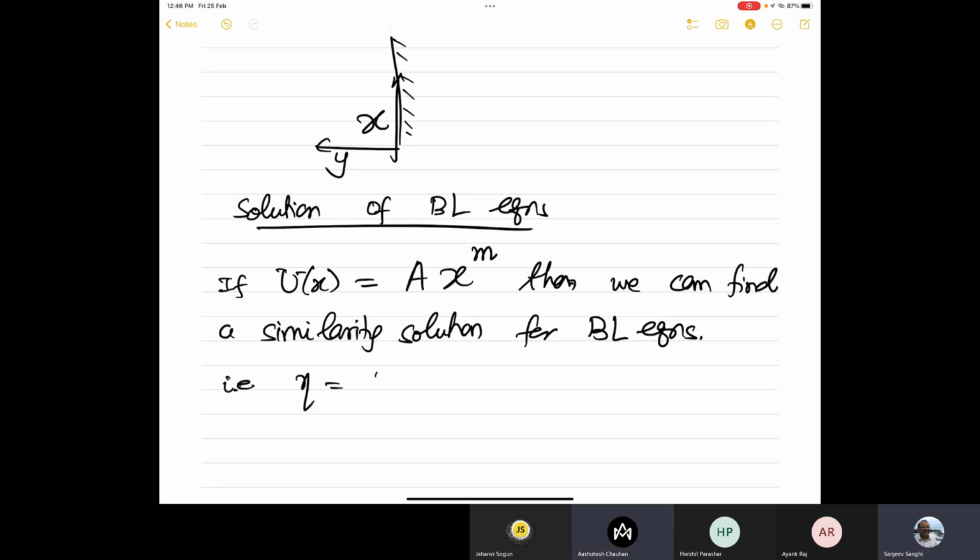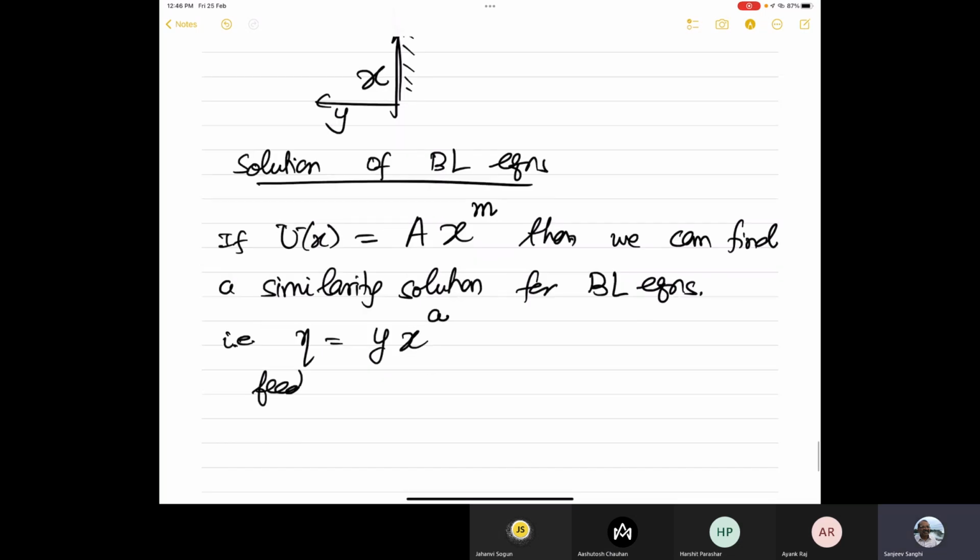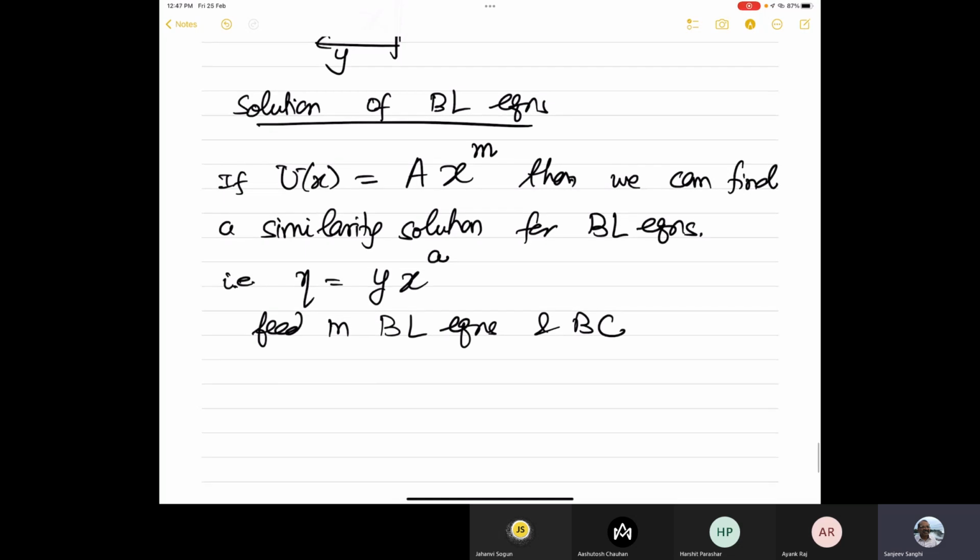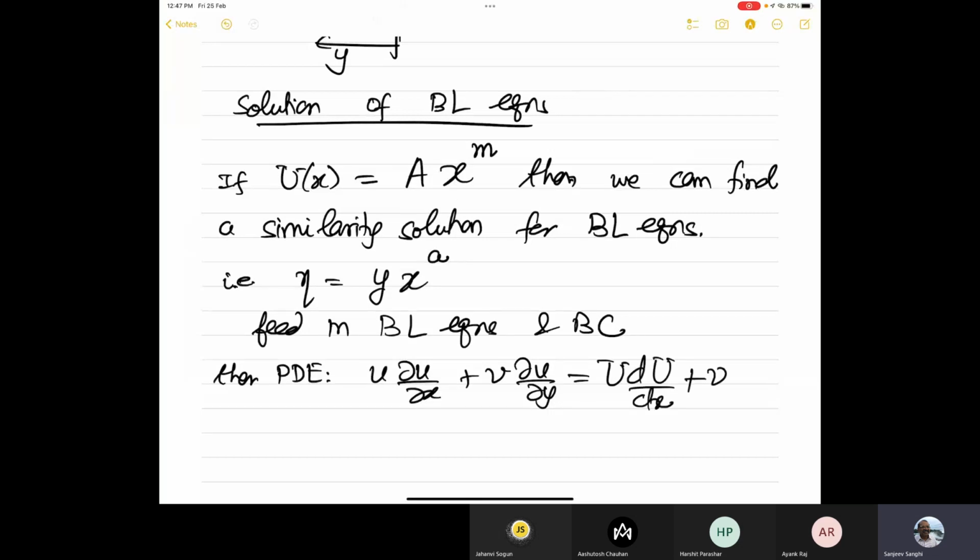That is, if we put eta equal to y times x to the power of a and feed this in the boundary layer equations and the boundary conditions, then the PDE u du by dx plus v du by dy is equal to capital U dU by dx plus nu d2u by dy square is converted to an ODE.